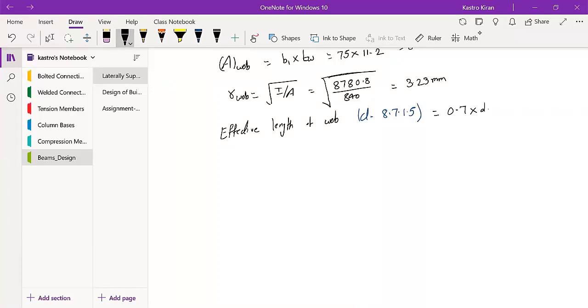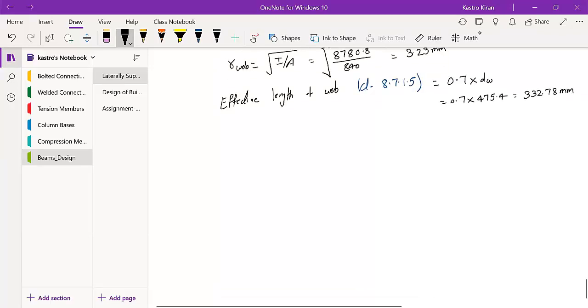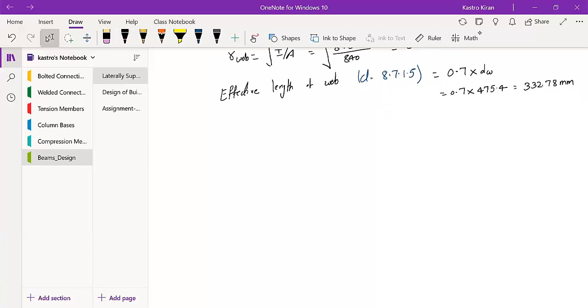The depth of the web is 475.4, so 0.7 times that is 332.78 mm. This is how you calculate the effective length of web.